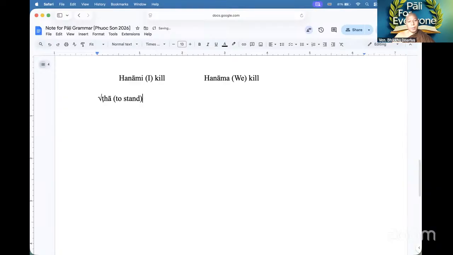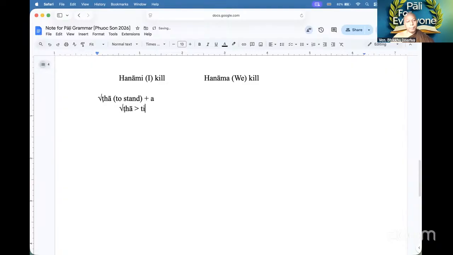But if we use the conjugation sign, at that time thā has 3 changes.